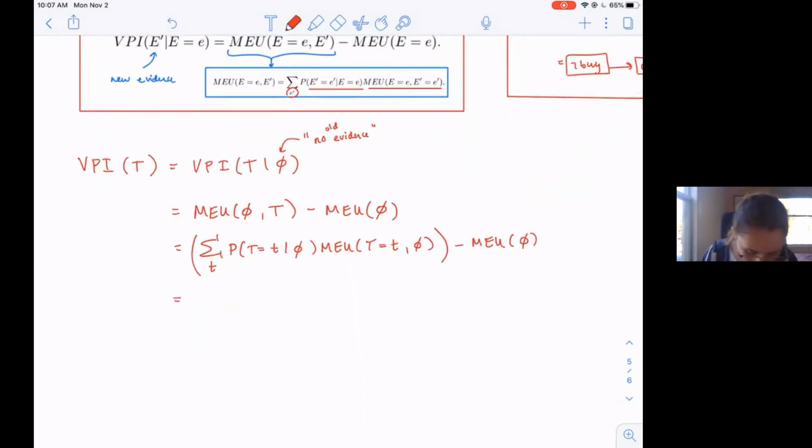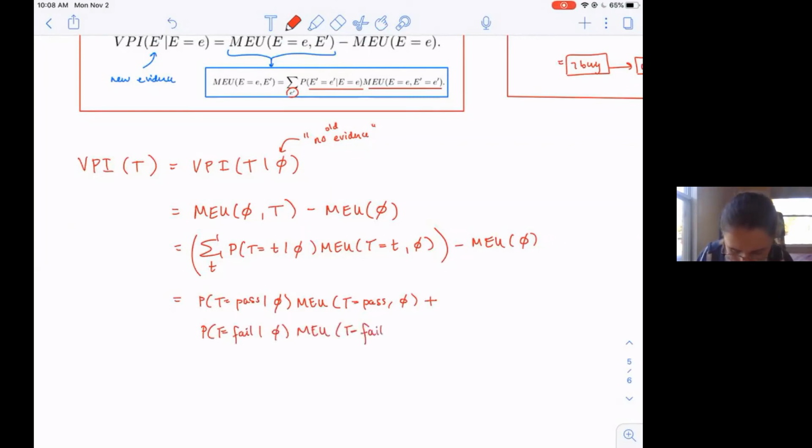All right, well, lucky for us, we know all these outcomes that could possibly happen from our test. So we have P of T equals pass given no old evidence times maximum expected utility of T equals pass and no old evidence, plus P of T equals fail given no old evidence times maximum expected utility of T equals fail and no additional evidence, minus maximum expected utility of no evidence.